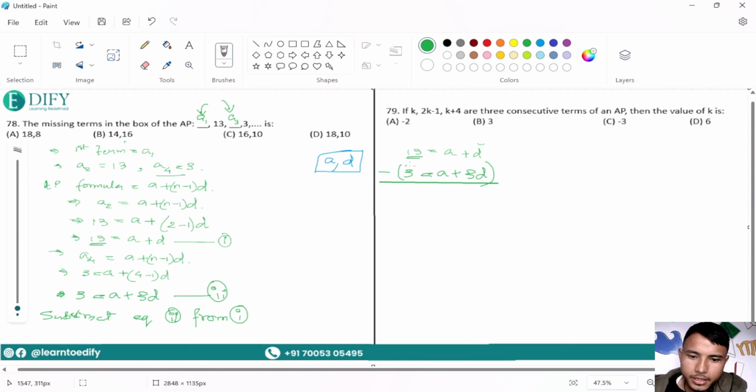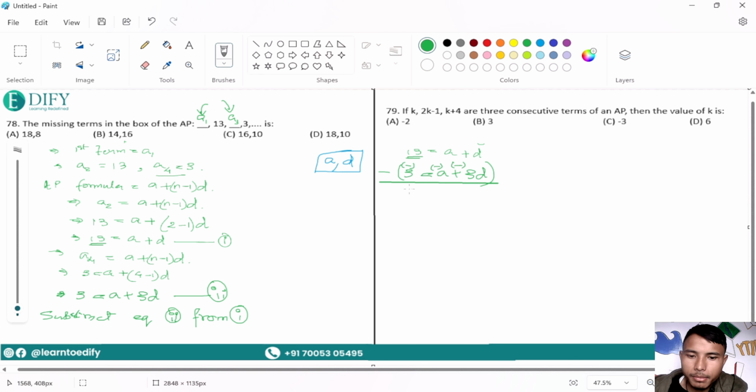So plus into minus, this is minus, and this is also minus. Next, plus into minus, minus. Next, plus into minus, minus.